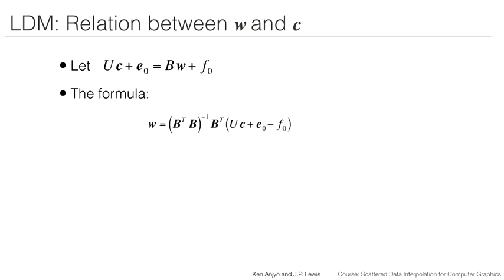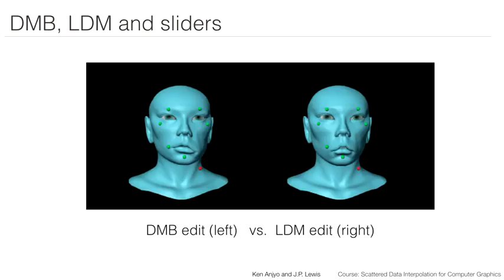Then we can get W, the new value of W, from C directly using this equation. And conversely, C also can be obtained from the value of W. So we can change the slider's value once we have the new C value from the experimental data and direct manipulation on the first model.